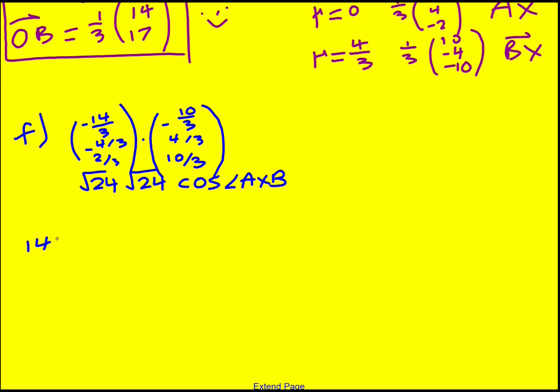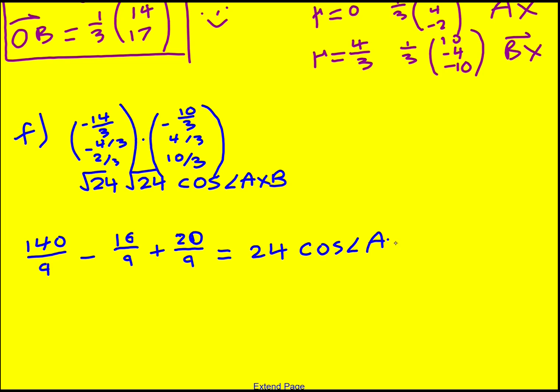So 14 times 10 over 9, minus 16 over 9, plus 20 over 9, equals 24 times our cos of our angle. This comes together to be 144 over 9.